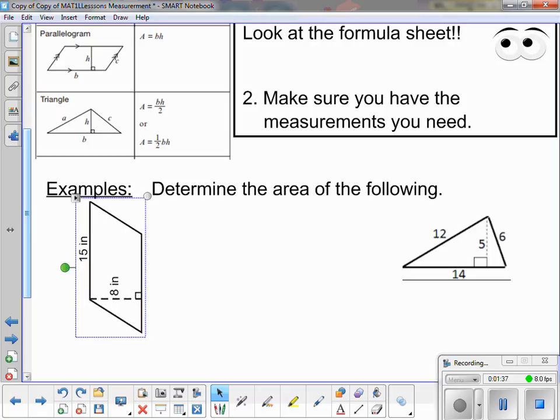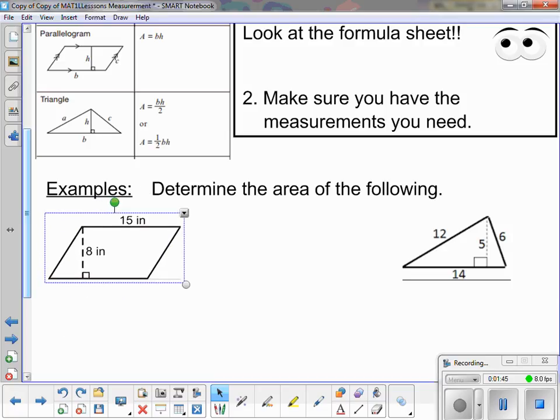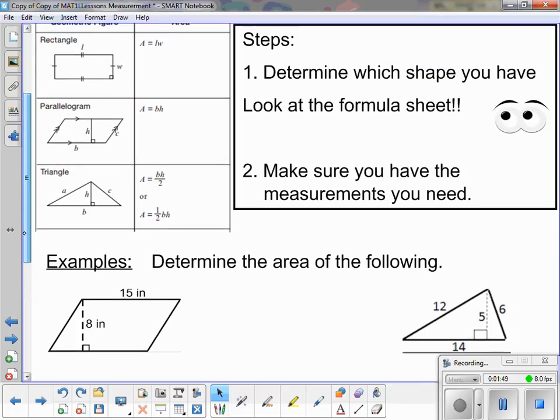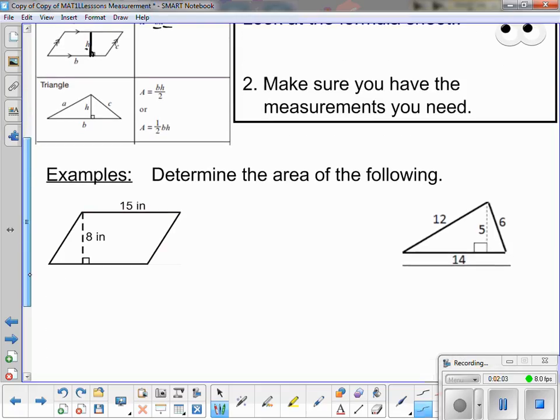Obviously, you can't turn your picture like that, but you can always turn the page in order to find what the shape looks like sometimes. So in order to find the area of this shape, which is a parallelogram, the formula says that I need a base and a height. And what's different here is here's the height, and if you notice, it has a right angle. So it has to be a perpendicular height.